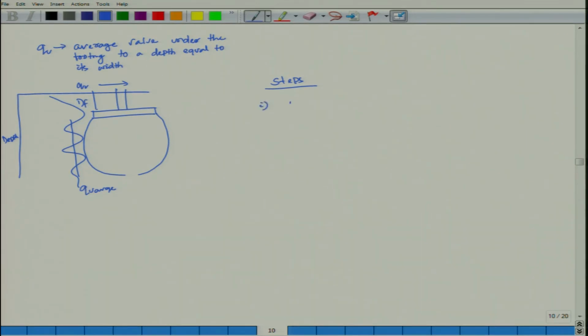First, assume ASP, allowable soil pressure, which is equal to soil bearing pressure. Then step 2, find B, the width of the foundation, from area.